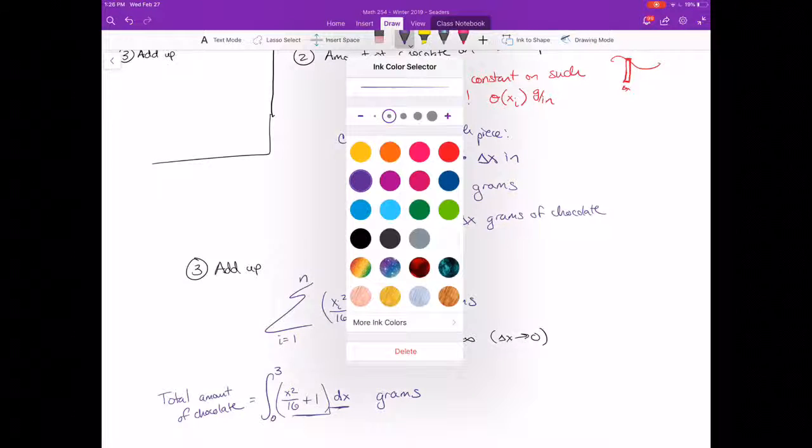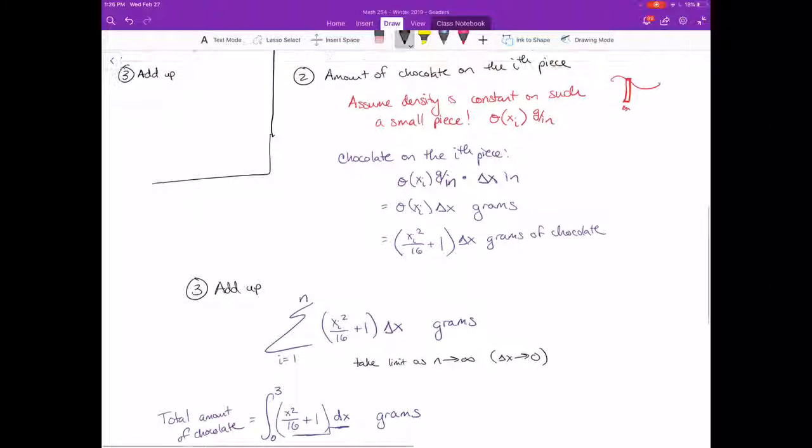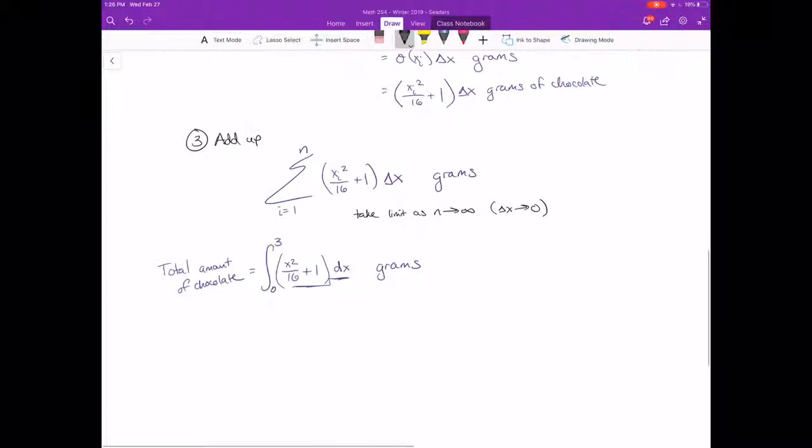And once I have it written as a definite integral, I don't need to do a Riemann sum. I can use the fundamental theorem of calculus to evaluate this.